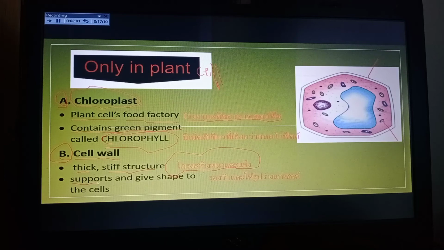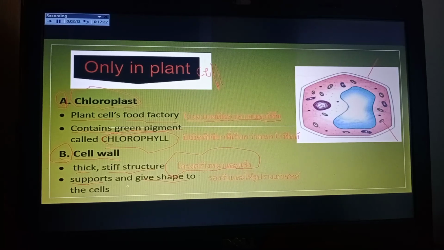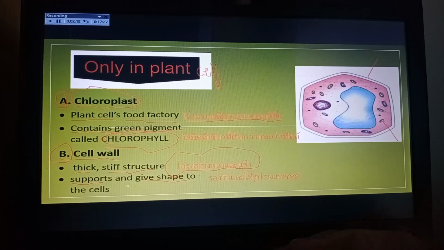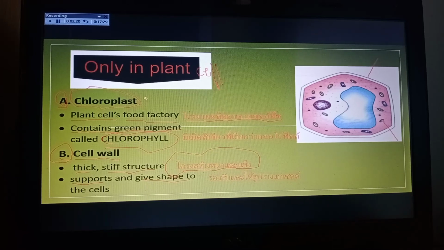It also helps to support and give shape to the cells. So once again, it's the chloroplast and the cell wall. Okay?